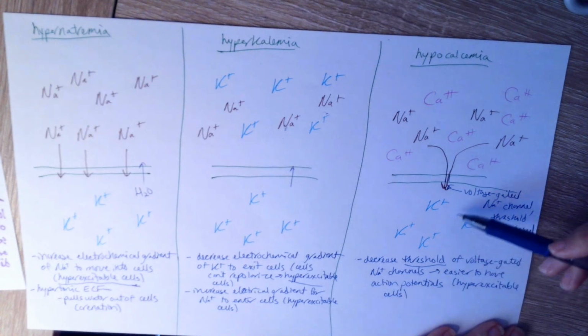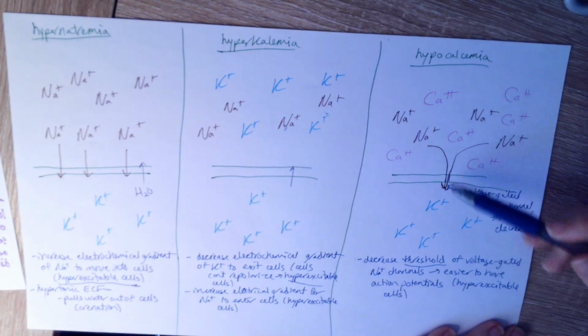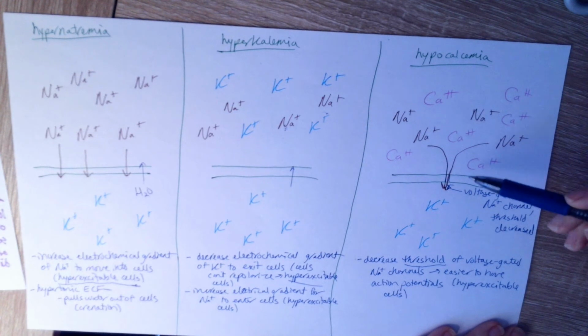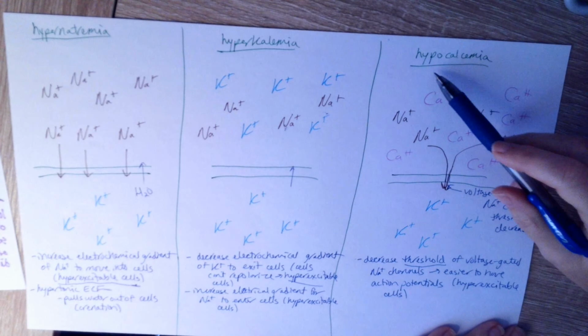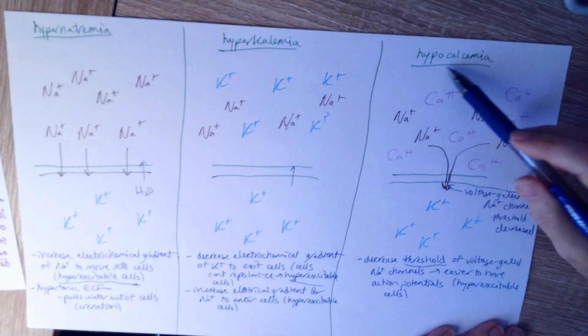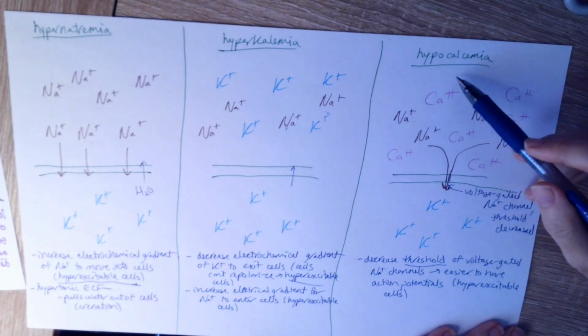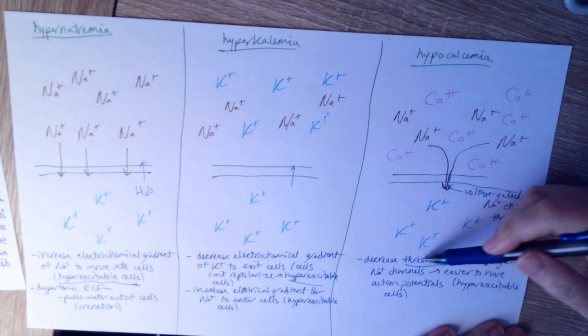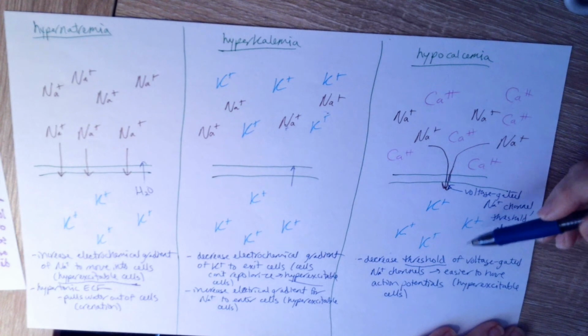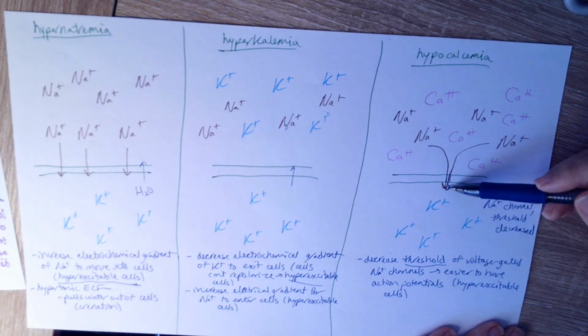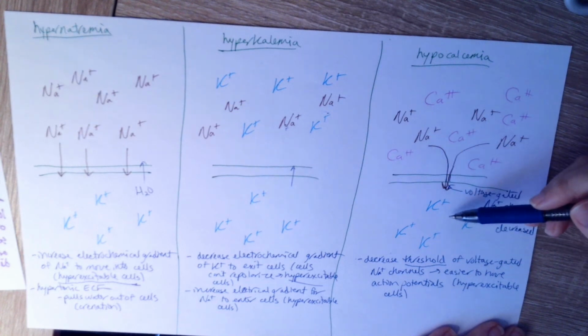So having a lot of calcium would increase the threshold for your voltage-gated channels, but I've put here hypocalcemia, so not having enough calcium. And what that does is it decreases that threshold for your voltage-gated channels, so it makes it really low. So it's really easy to open those voltage-gated channels and have an action potential.